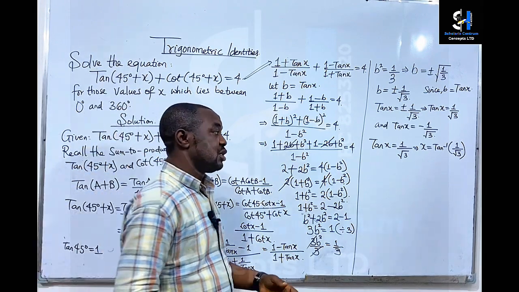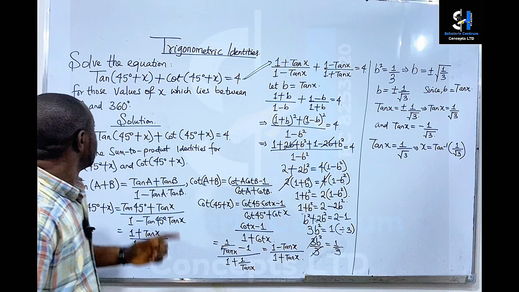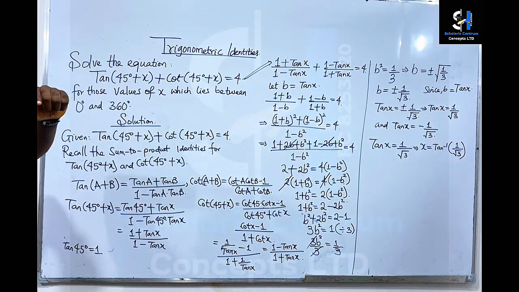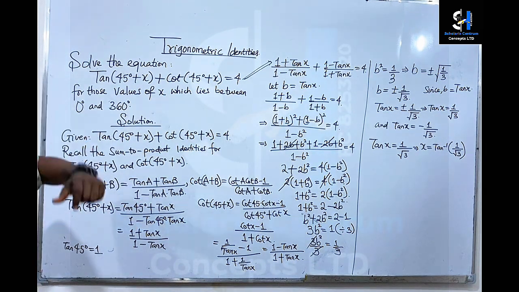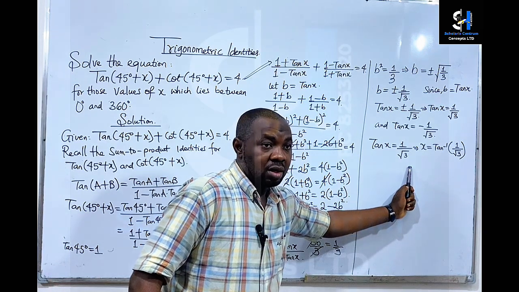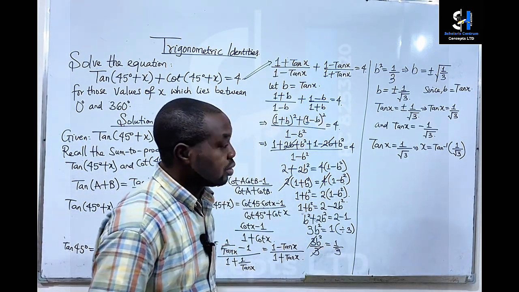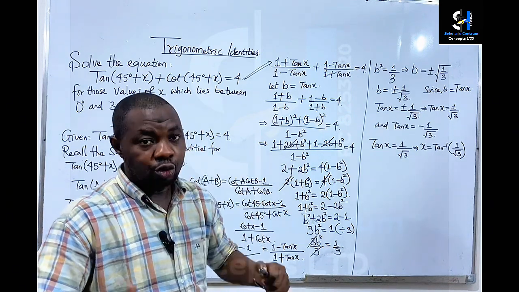So 30 is a value which lies between 0 degrees and 360. Then another angle between 0 degrees and 360 whose tangent will also be 1 over root 3 is 210.